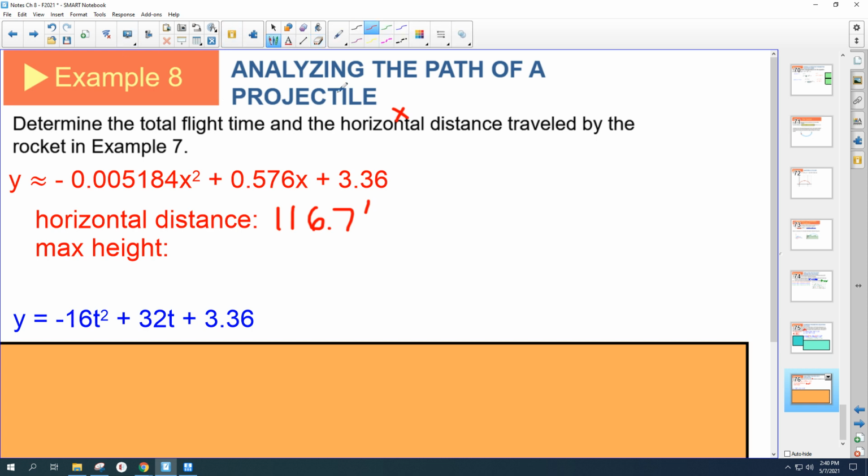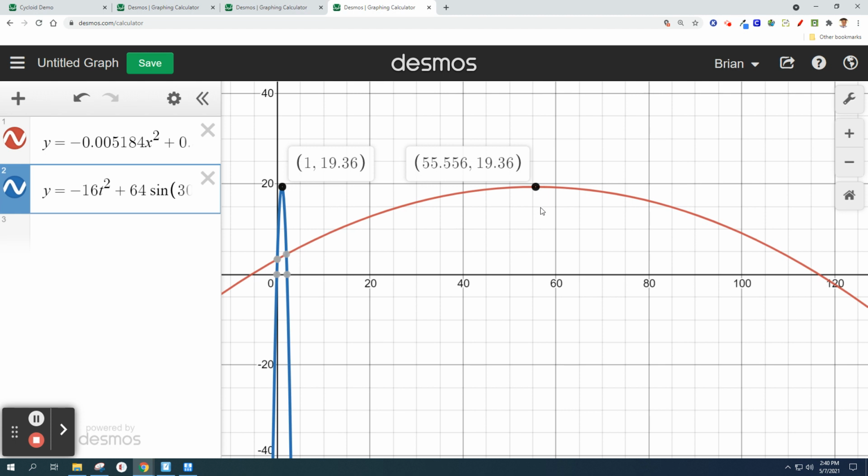It's weird for a rocket to only get to 19.4 feet, but that's what this says. 19.4 feet is the max height. 55 would have been the horizontal distance where the rocket was when it was this high in the air.